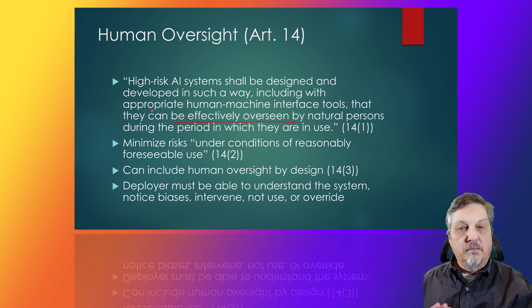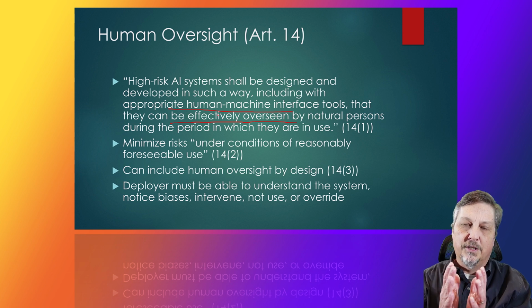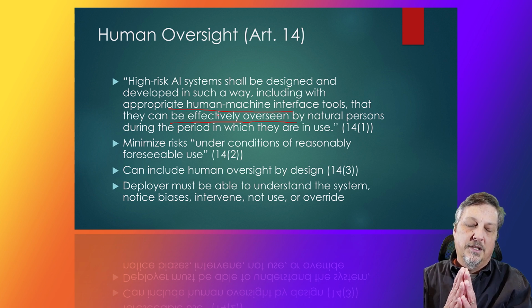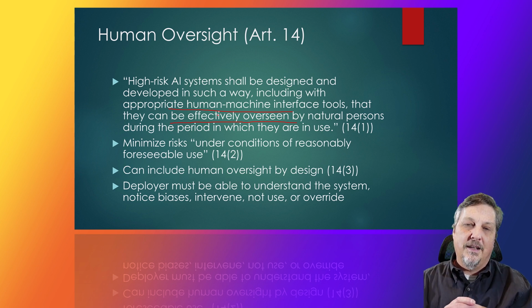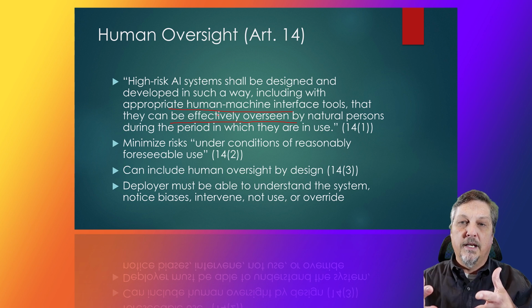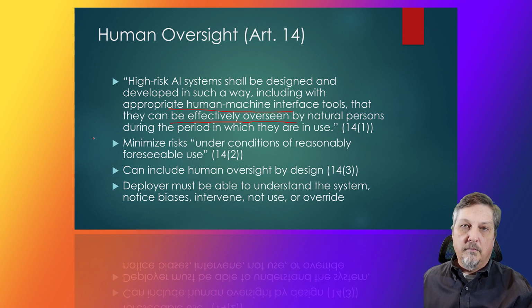And this can be accomplished through a variety of ways, including through a human-machine interface tool. In other words, through something in the user interface that allows the developer or the deployer to accomplish what has to be accomplished. The human oversight has to be able to minimize risks under conditions of reasonably foreseeable use.